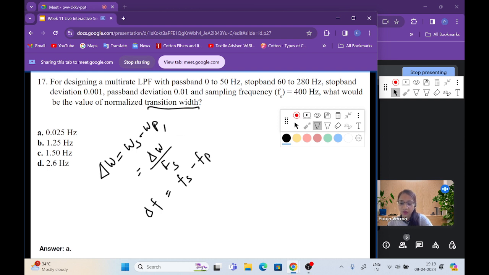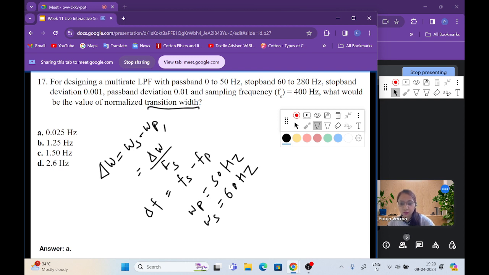Let's see what values are given. For designing the multi-rate low pass filter, the pass band 0 to 50 Hz is given. So the pass band frequency is 50 Hz only. And the stop band is given as 60 to 280 Hz. The stop band range starts from 60 Hz, so the stop band frequency is 60 Hz only.